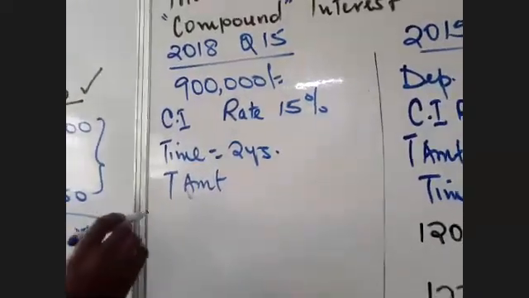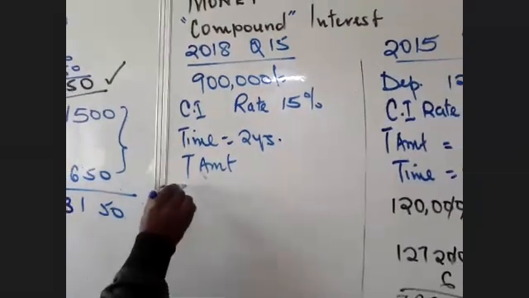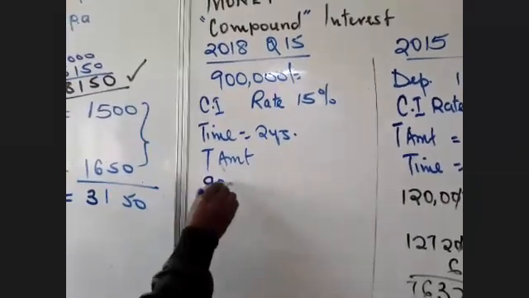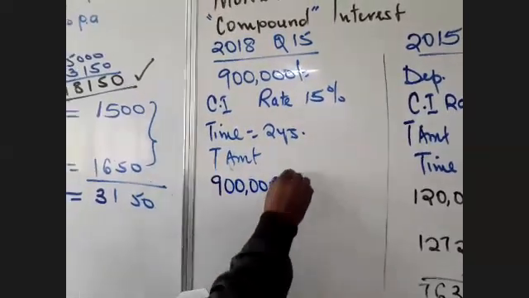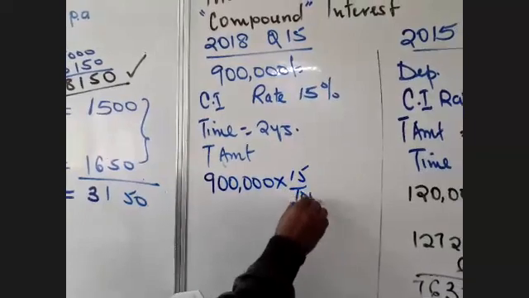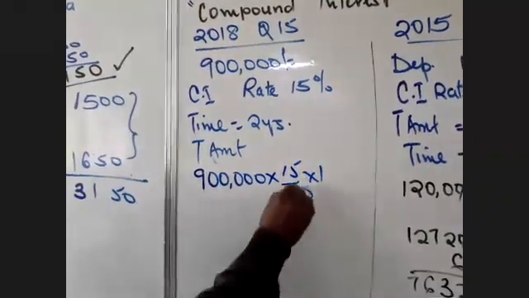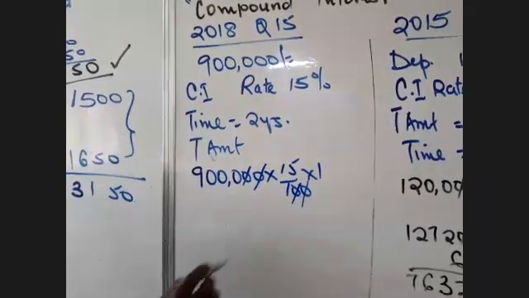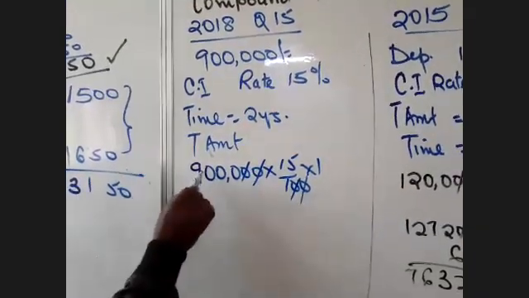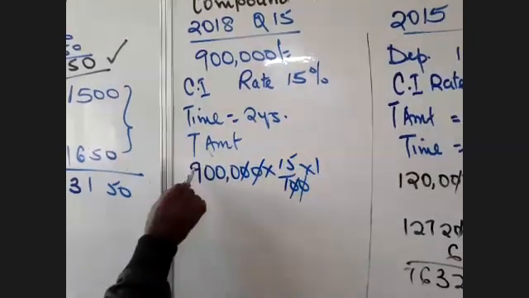So year one, let's see what it was. Principal of 900,000. The rate is 15%. The first year, you say these two will go with those two. And then you just say 15 times 9. 15 times 9.